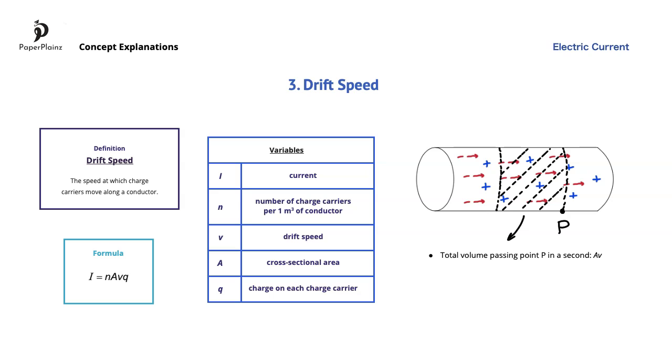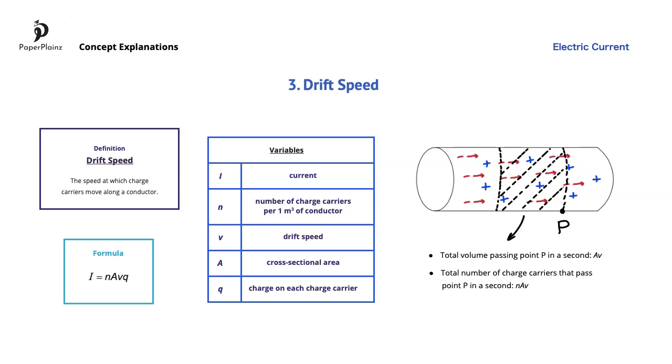Combining this with the total volume that passes point P in a second, so Av, we get that the total number of charge carriers that pass point P in a second is n times A times v.